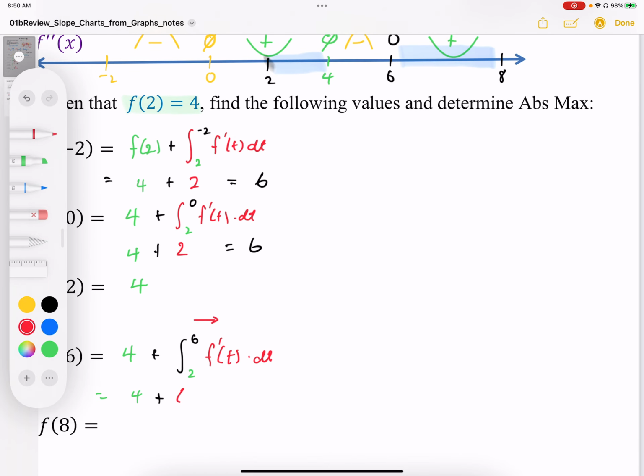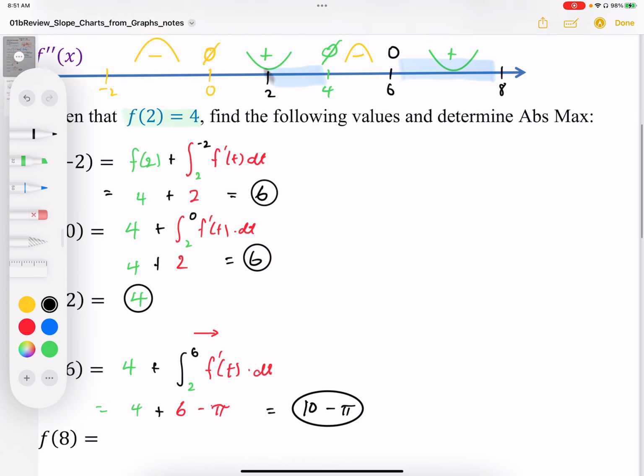So 6 minus pi. So that value then becomes 10 minus pi. Okay, so at this point, that is my highest point. I'm considering 6, 4, and now 10 minus pi. That is so far the highest point.